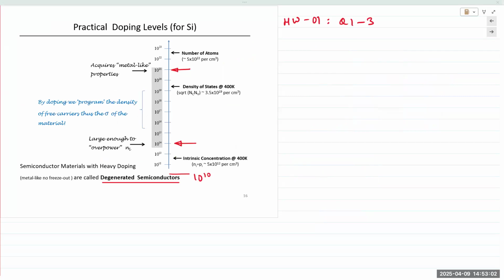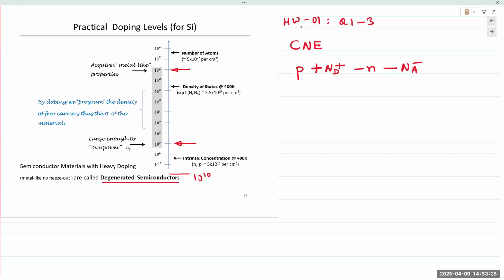And the charge neutrality equation is given by P, which is the number of positive charges, plus the number of ionized donor atoms, will always equal the number of negative charges or electrons, plus the number of negatively ionized acceptor atoms.